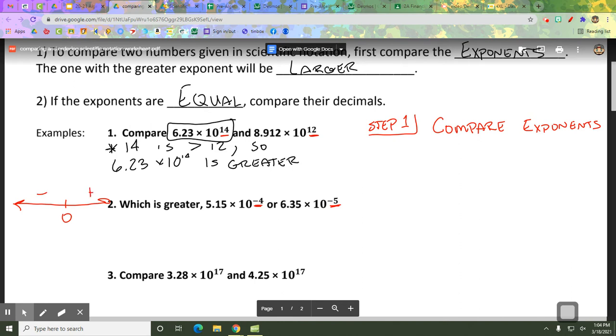So this number is larger. You don't have to write this down if you don't want to. I'm just writing it down in case some of you need to. Because -4 is greater than -5. So it just all depends on the exponent. If exponents are the same, then you go and order the decimals.